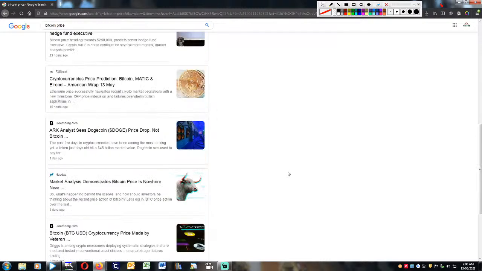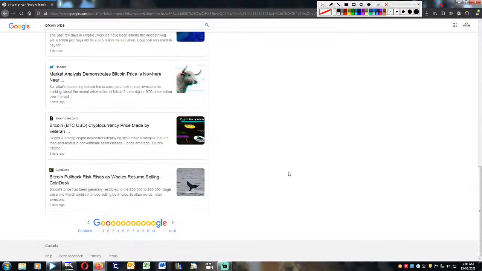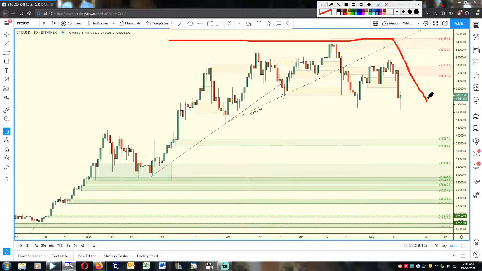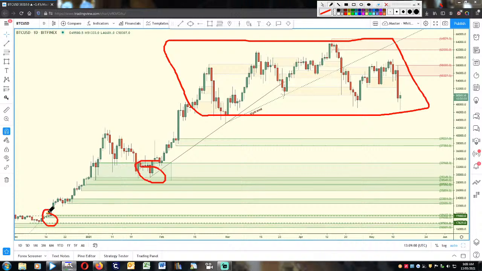So there seems to be an explanation for why it dropped. Bitcoin pullback risk rises as whales resume selling. Alright, well, there seems to be a lot of explanation for the drops through here. Could it be that the banks are taking profits on long positions from down here and lower, which is causing the drops?